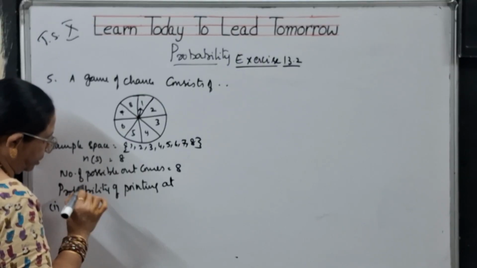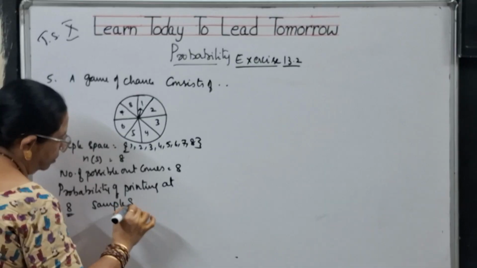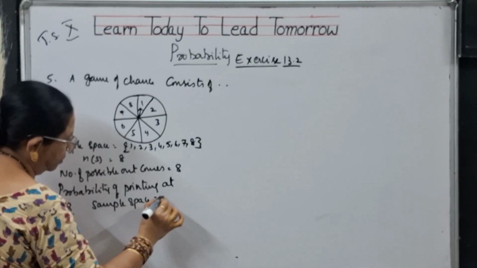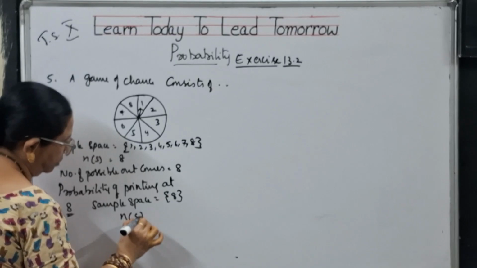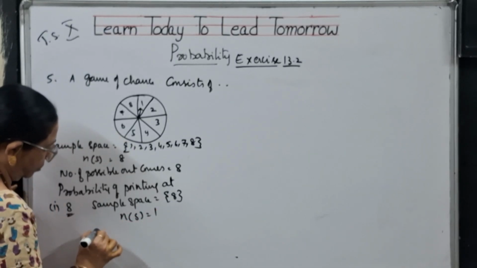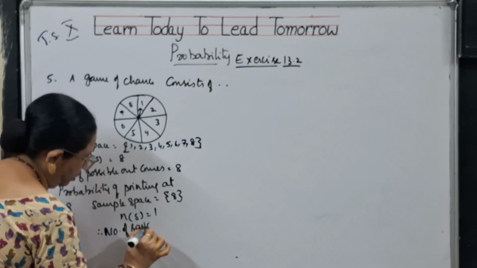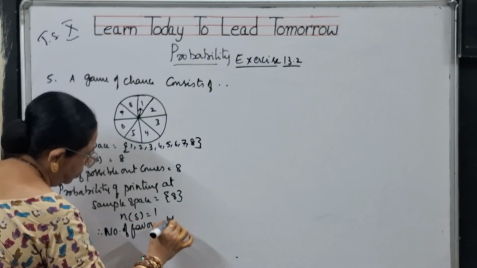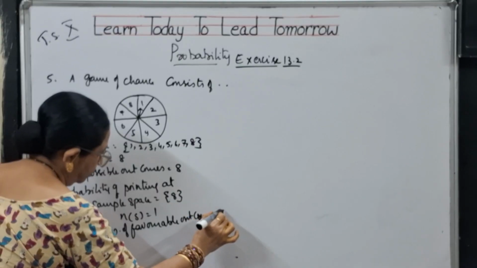So here the favorable count is only 8, so the number of favorable outcomes is equal to 1.